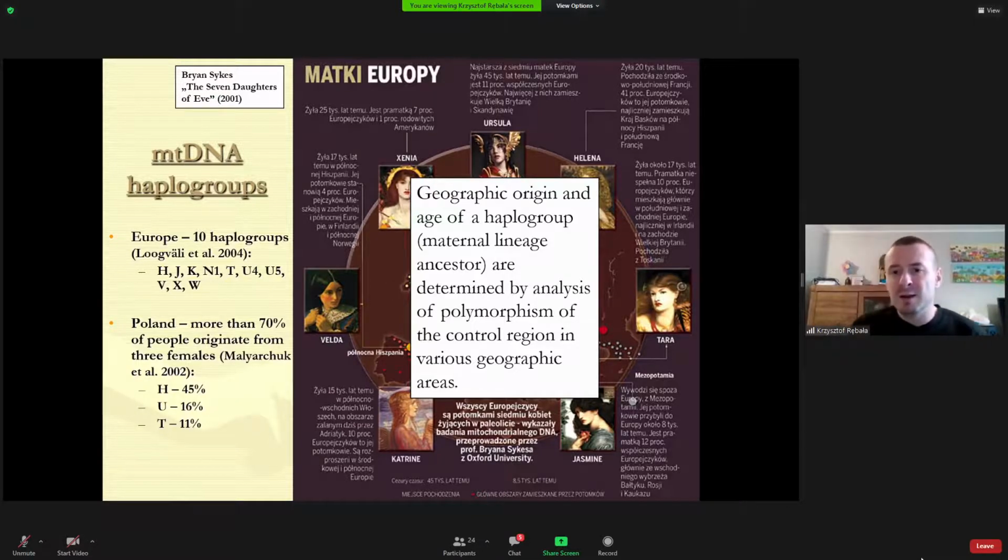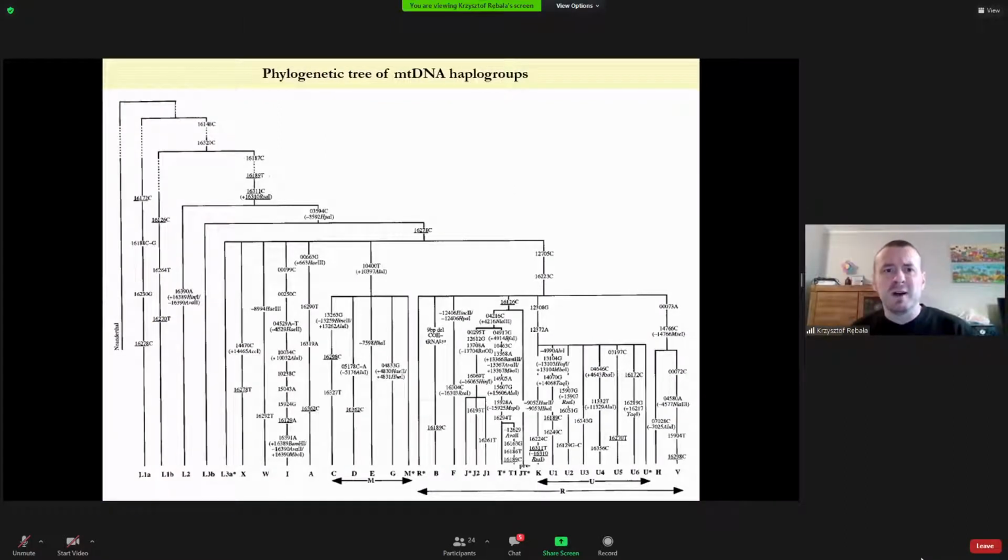Let us go further. You can see a phylogenetic tree of mitochondrial DNA haplogroups. Of course, some of them are found, for example, only in sub-Saharan Africa, some in Eurasia, and so on. Mitochondrial DNA shows a high level of geographic specificity.